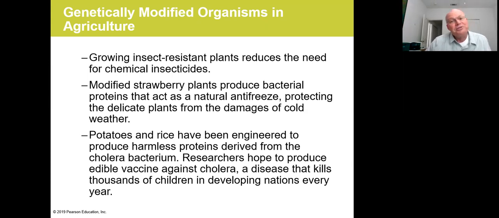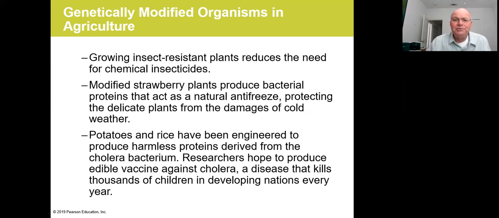But a hard freeze, citrus plants, strawberries, lots of plants are susceptible to hard freezes. They can survive a light freeze, but they can't survive a hard freeze. So being able to produce your own natural antifreeze is a benefit.